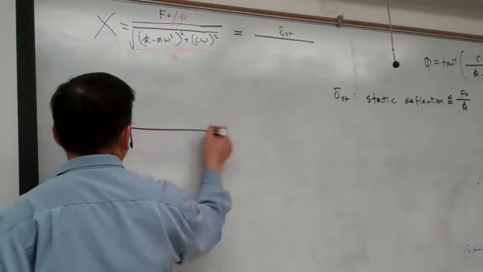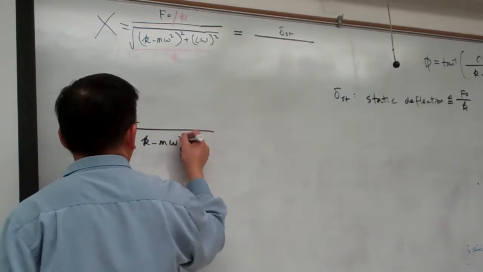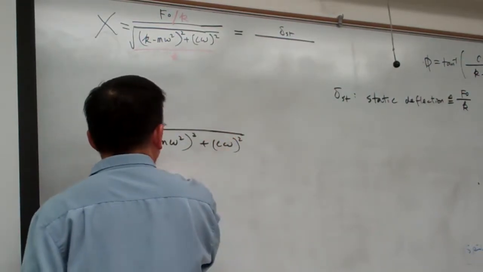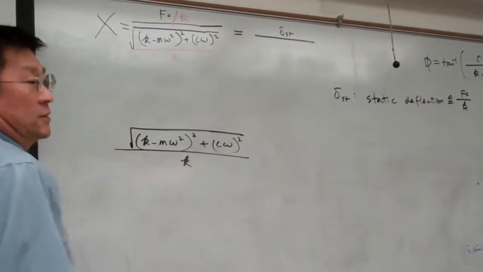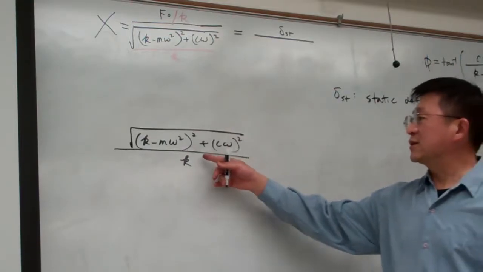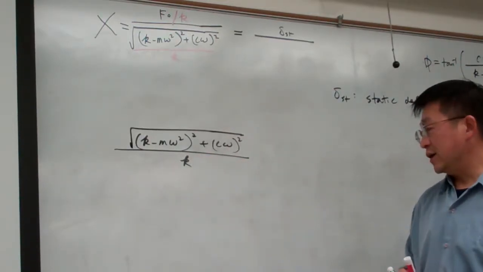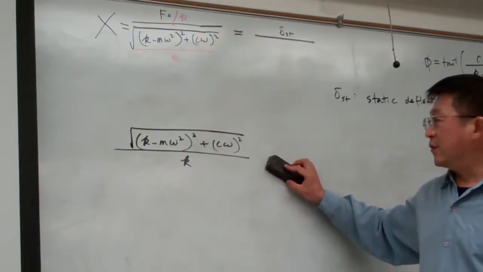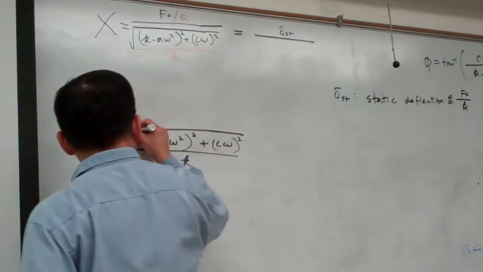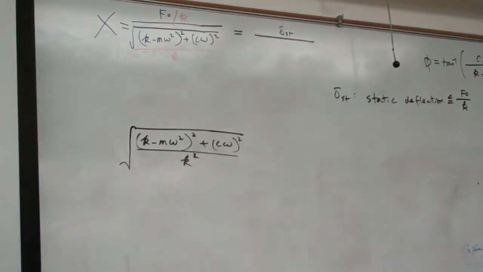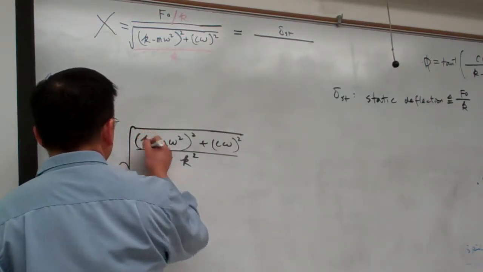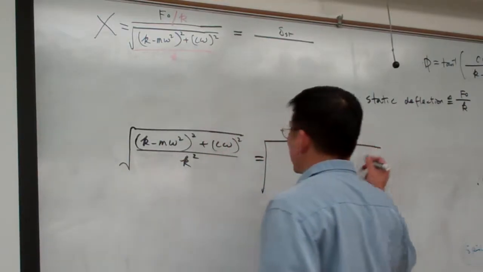Now we work on this one. We see the square root of (k minus m omega squared) squared plus (c omega) squared, and this divided by k. If this is divided by k, then again I'm going to take advantage of the blackboard. We divide the inside of the square root by k squared. Then we have two terms.